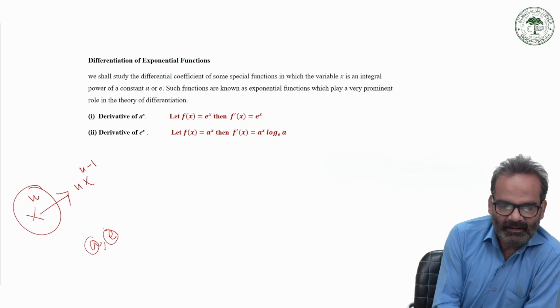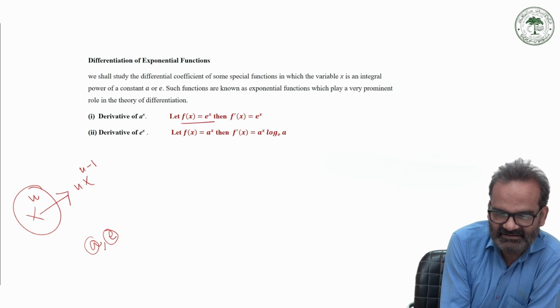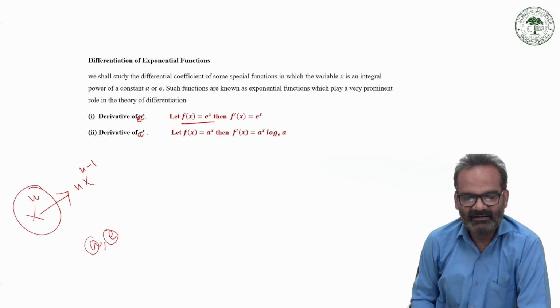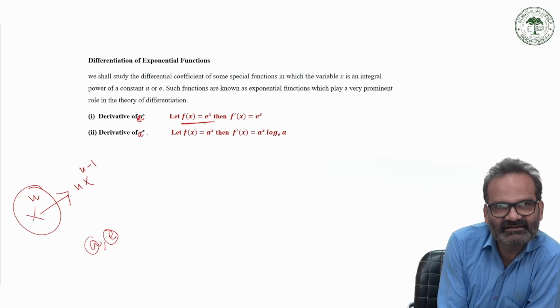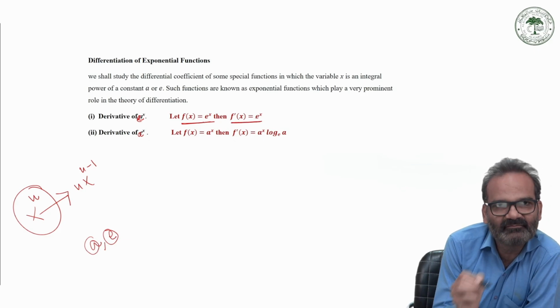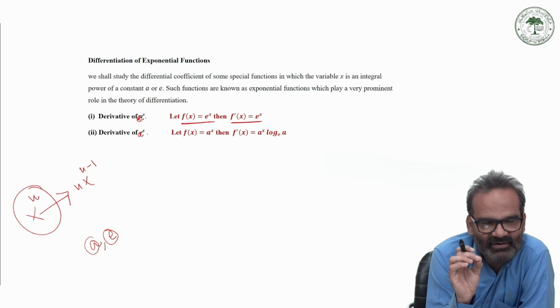So this is what we will use to determine all kinds of exponential functions. See, a raised to the power x, e raised to the power x, right? If f(x) is equal to e raised to the power x, and this is a raised to the power x. If f(x) is given as e raised to the power x, then its derivative remains the same. This means this is the only function whose derivative never changes.